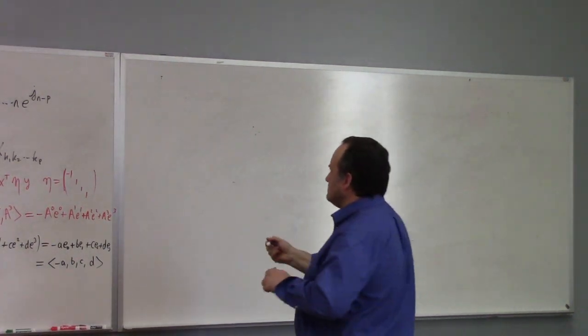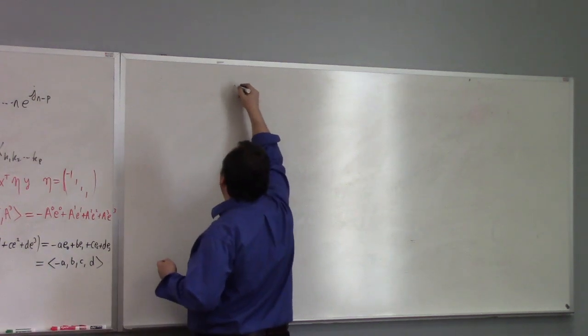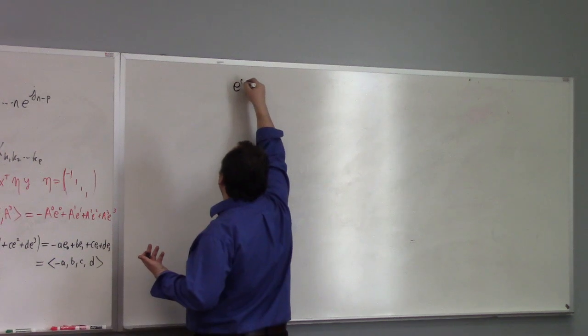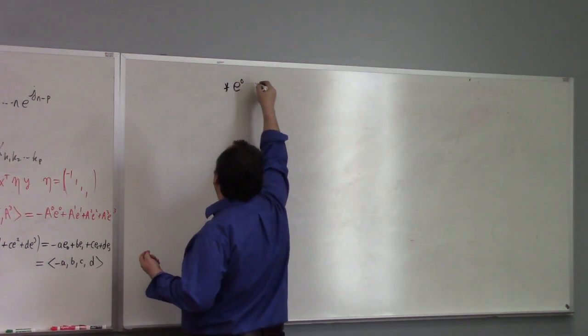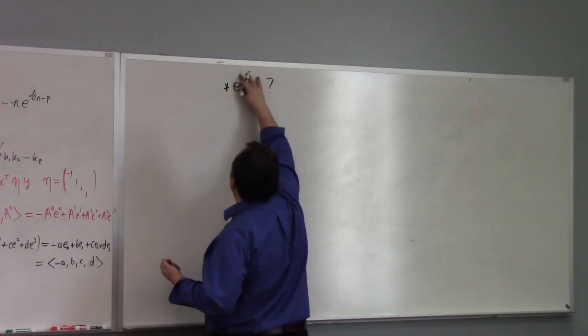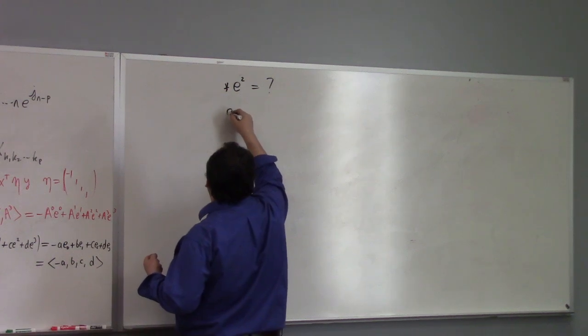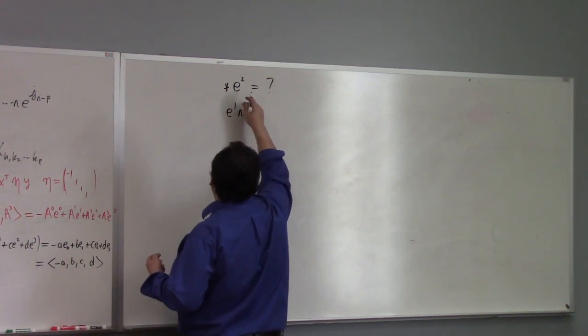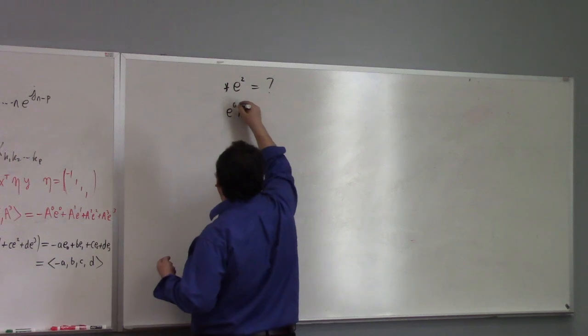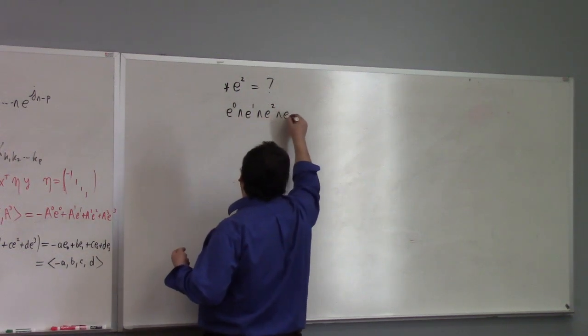So if I'm trying to calculate the Hodge dual of, say, E0. Oh, that's not a good one. Let's say E2. All right. Then what I do is I look at E0 wedge E1 wedge E2 wedge E3.